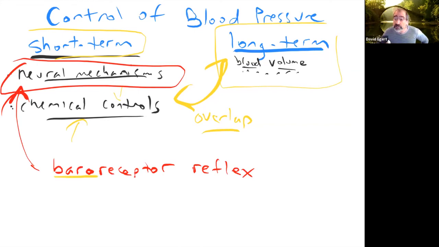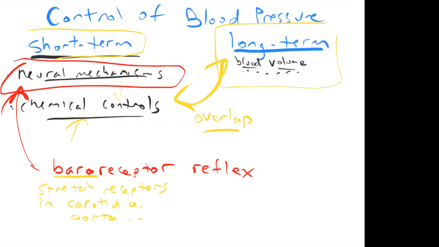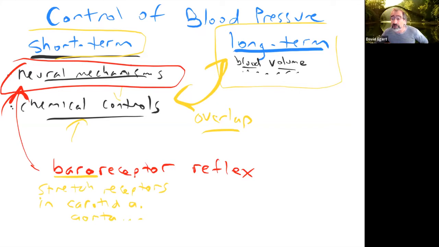So pressure receptors. These are basically stretch receptors in some of your major arteries, like the carotid artery and aorta. So you have these stretch receptors that are basically pressure receptors, right?